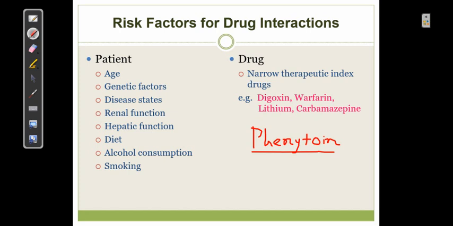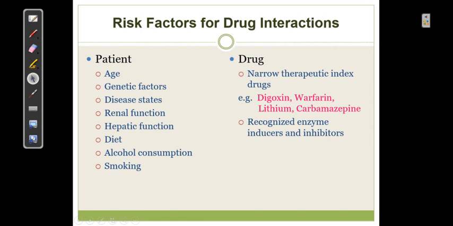Phenytoin is one example, aspirin and alcohol are others, where you find mixed order or zero order kinetics. In such a case, the chances of drug interaction and adverse events are very high, because an exponential increase in the plasma concentration can be found.